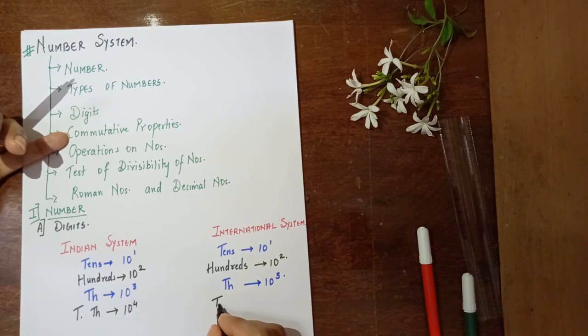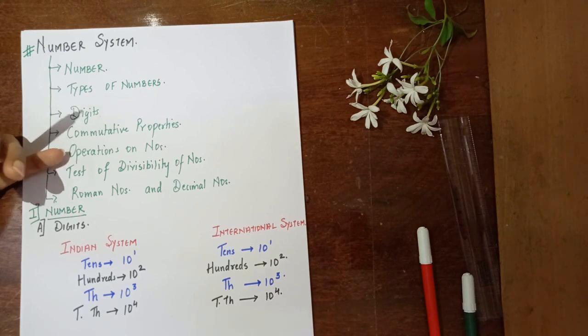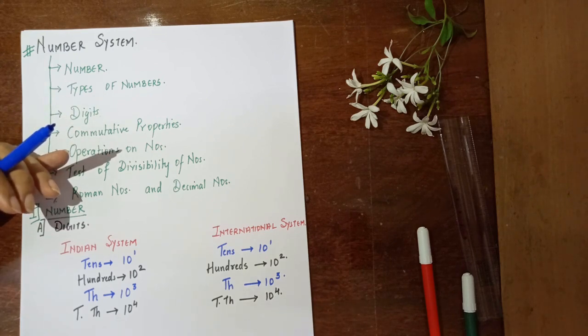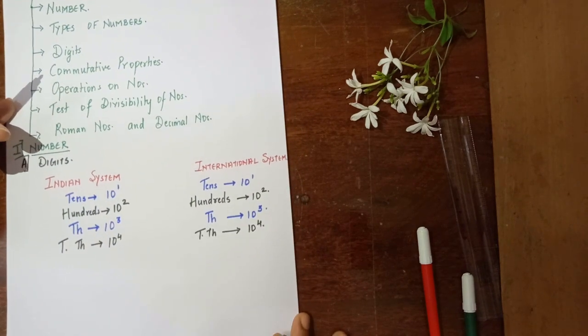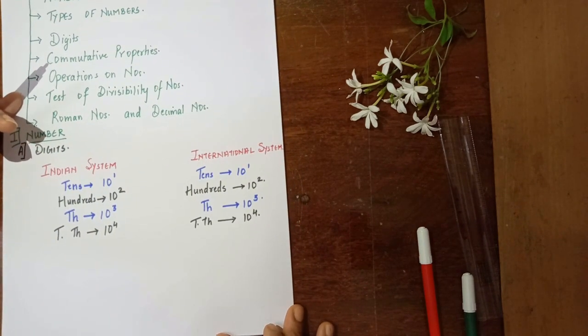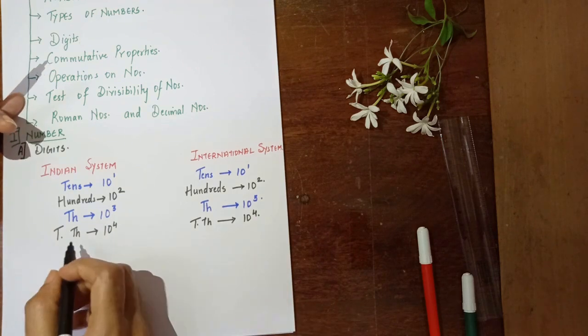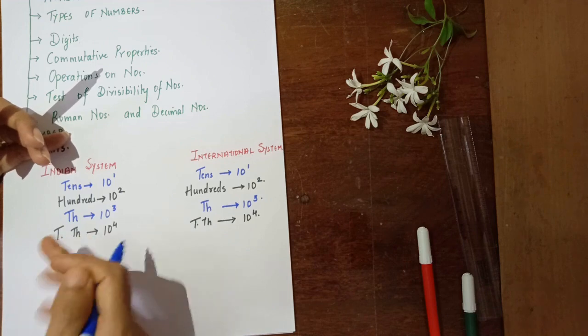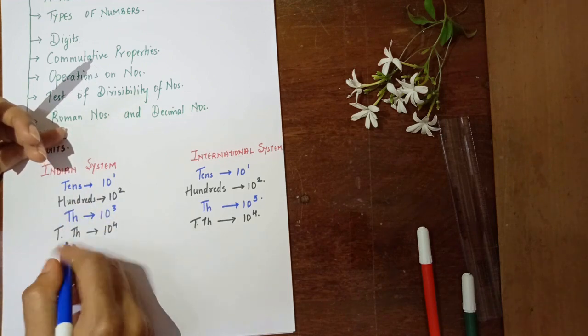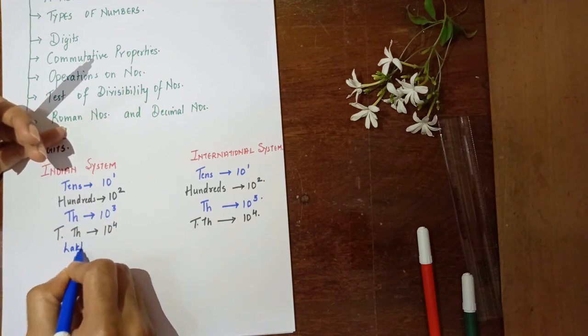Here also it is 10,000s is written as 10 raised to the power 4. Now from the next digit onwards, I need you all to pay more attention to this because this is going to change a little bit now. So if I have 10,000, after 10,000 in the Indian system, we write lakh, right?